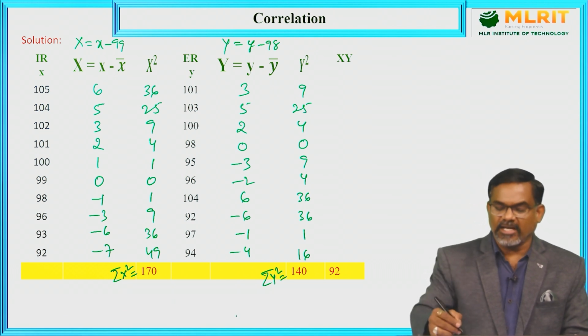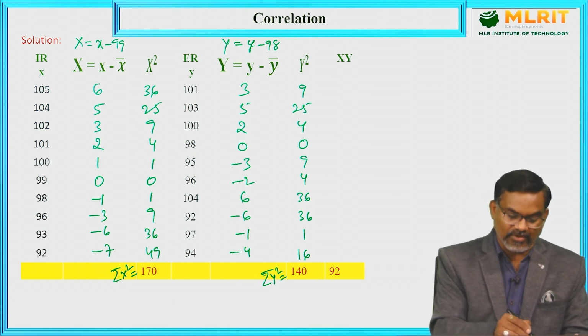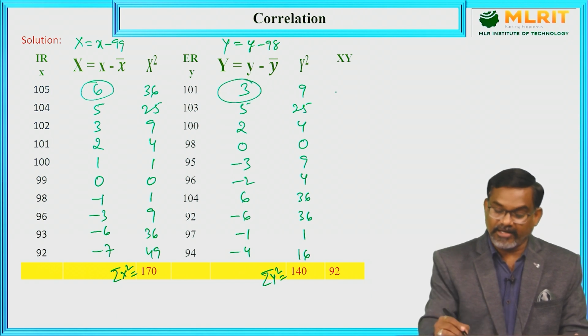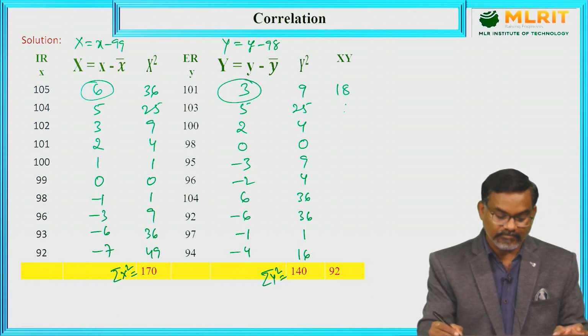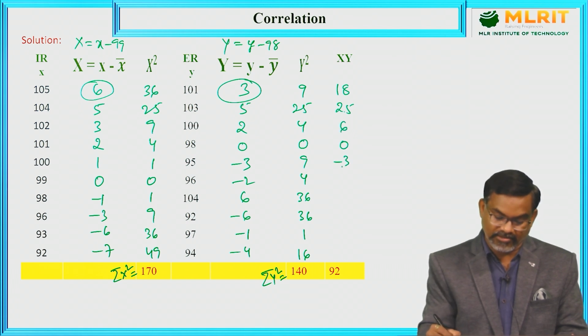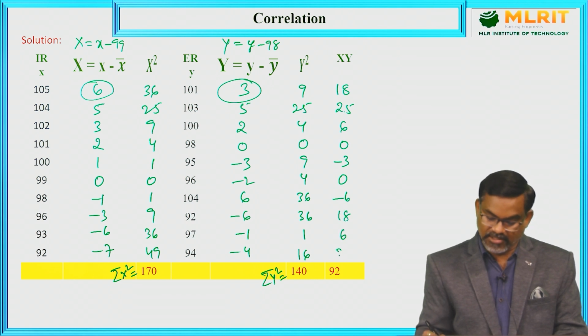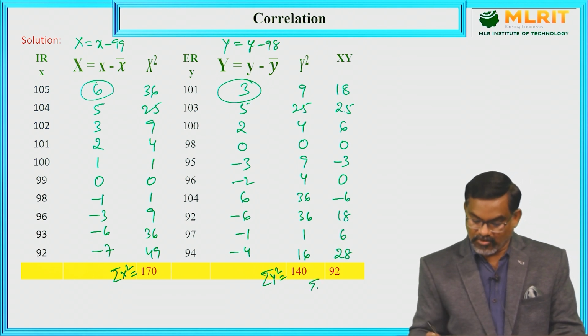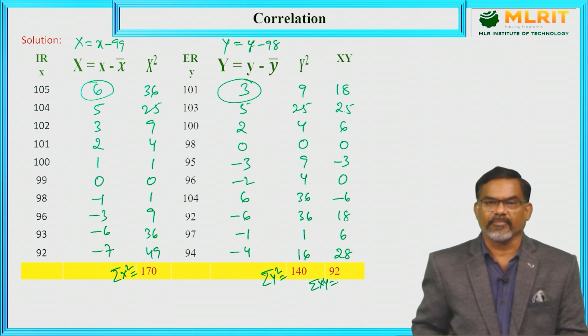We also need to calculate capital X into capital Y. So 6 into 3 is 18, then 5 into 5 is 25, 3 into 2, 0, minus 3, 0, minus 6, and so on. The total sigma capital XY is 92.